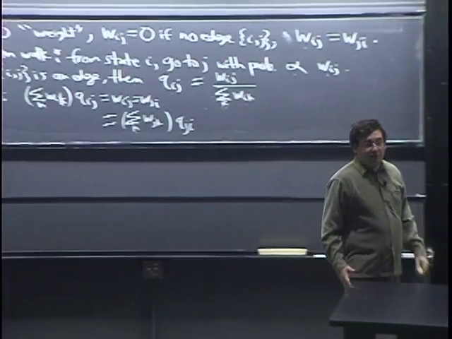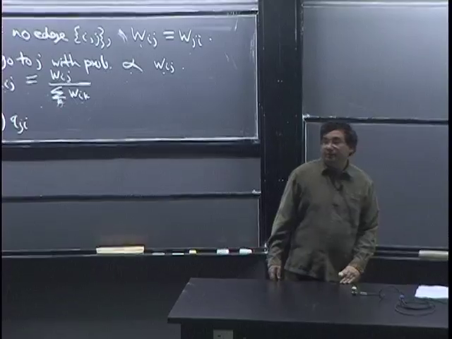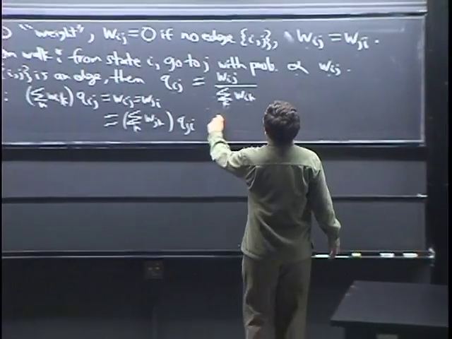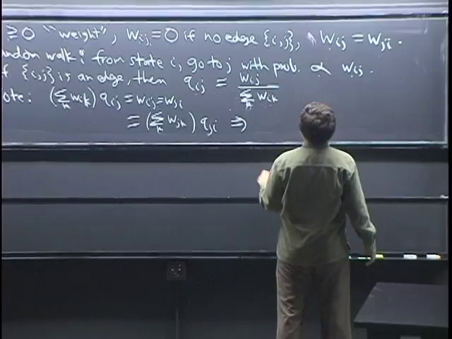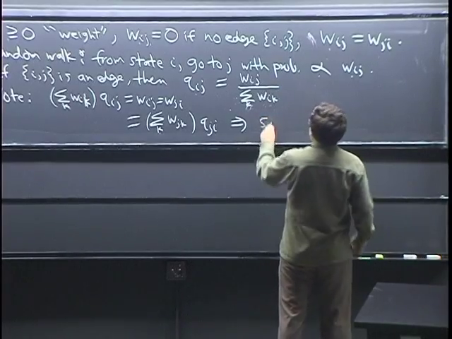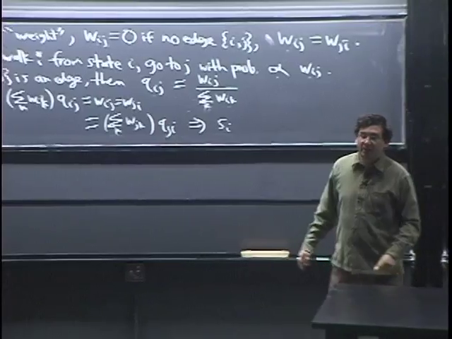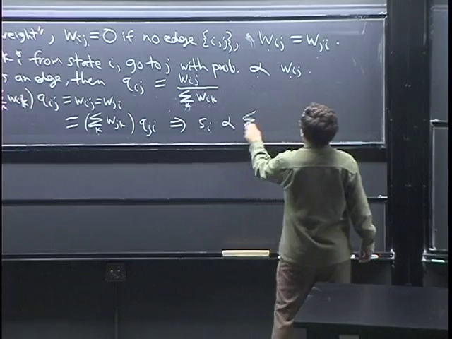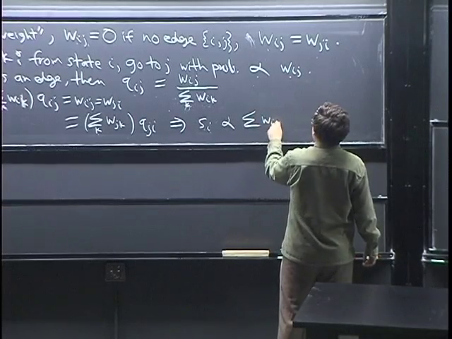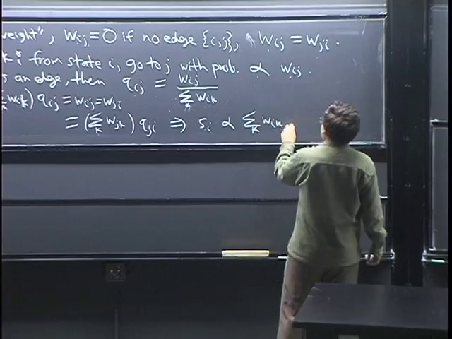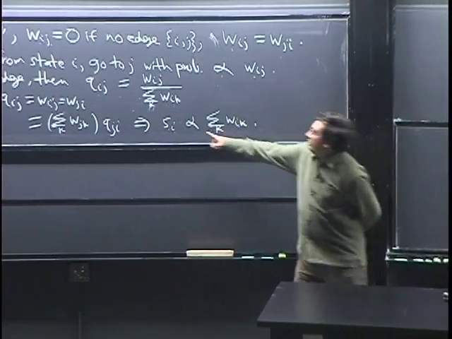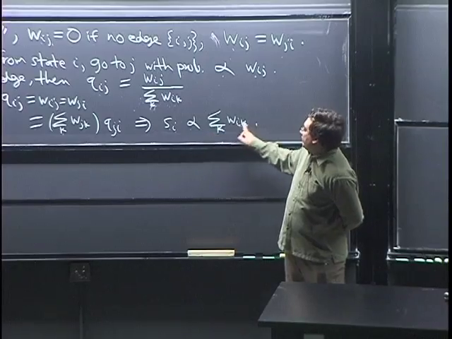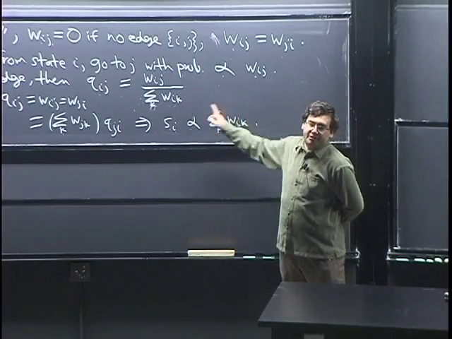That's the reversibility equation. So therefore, the stationary distribution Si, that is the stationary probability of state i, is proportional to this generalized degree, the sum of Wik over k. This is proportionality, but if we want to know what it's equal to, we would just divide by the sum of this over all i.